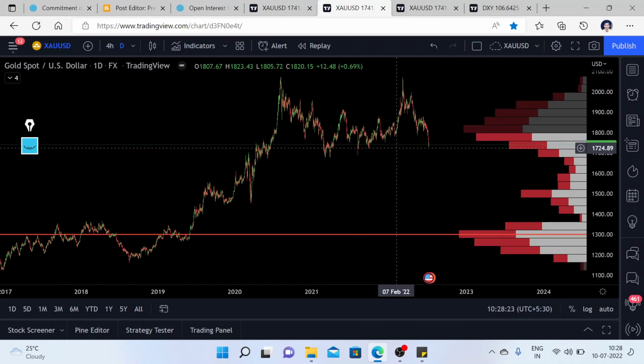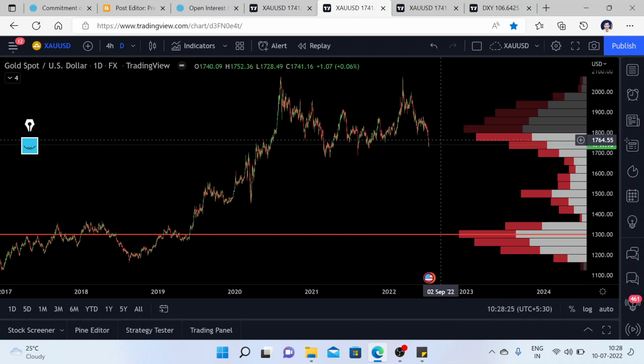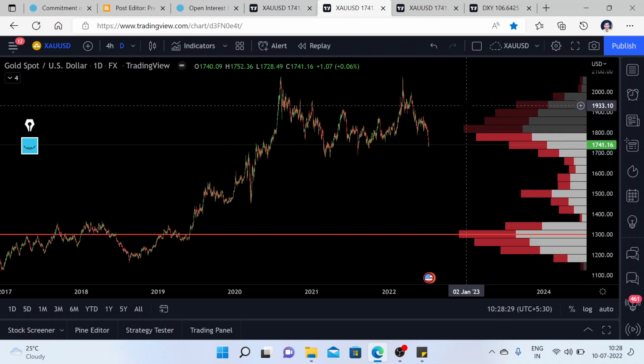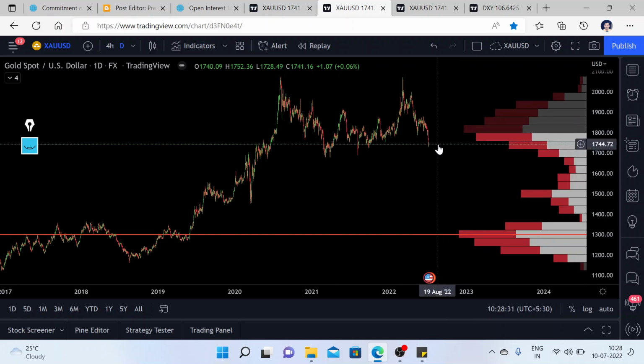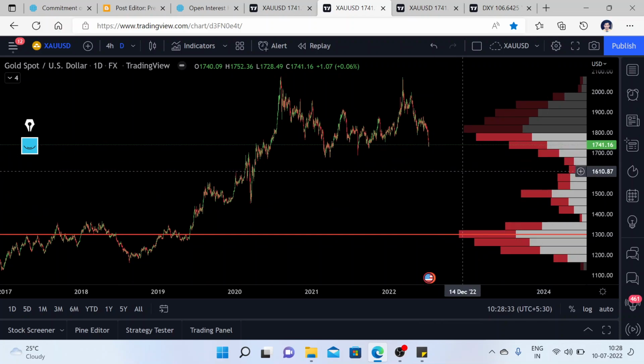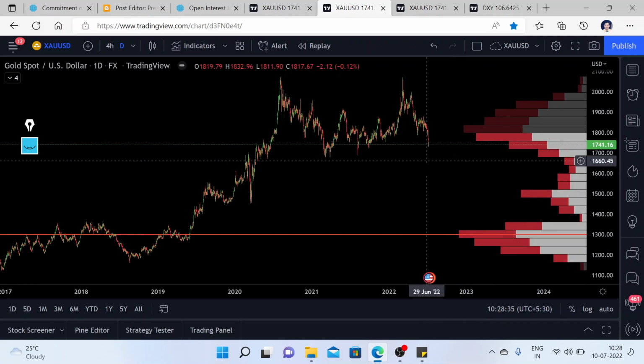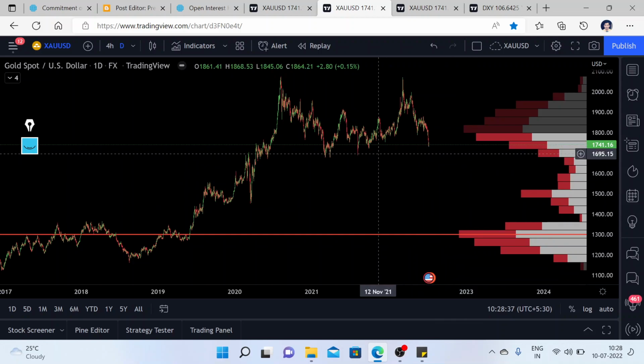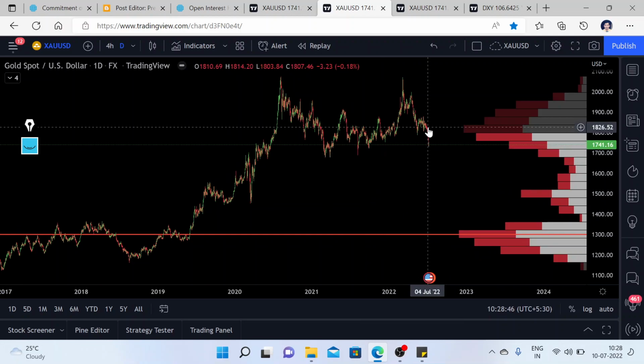If price is able to hold from this level to the upside, then we can expect a further bounce. But if not, gold might drop lower, to the price level of 1680. So this is the picture on the volume profile.